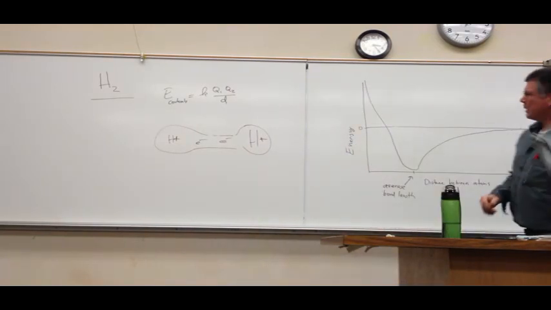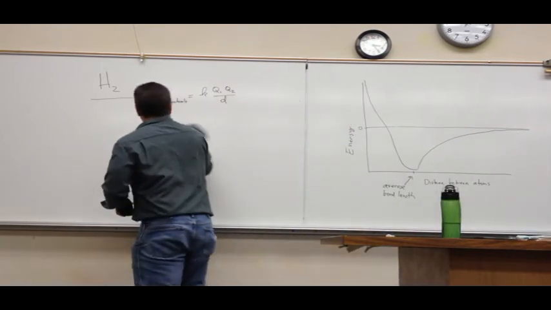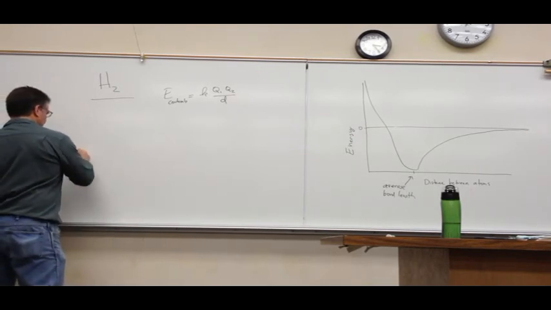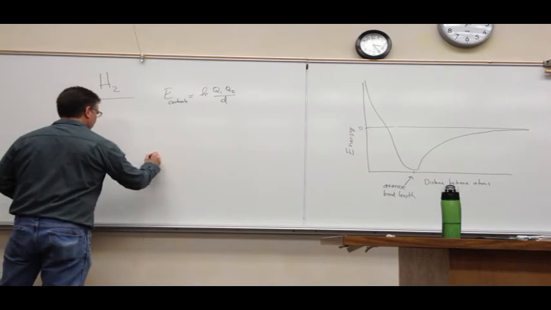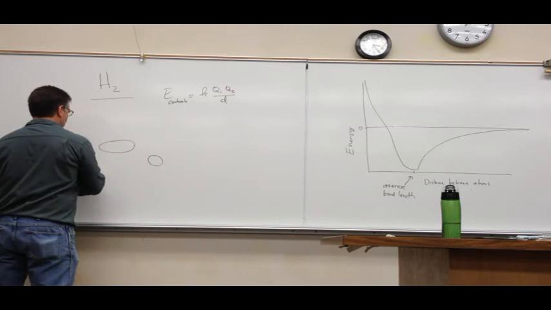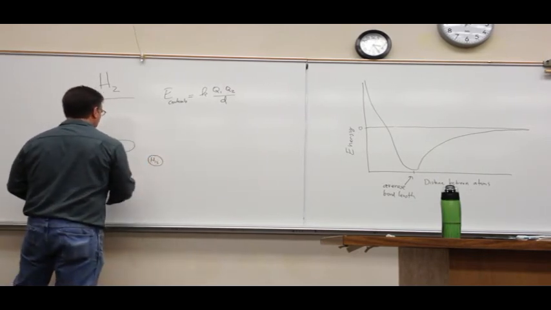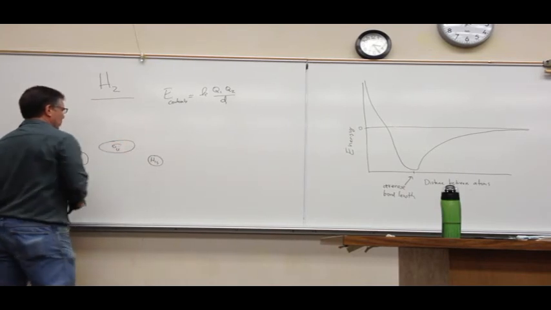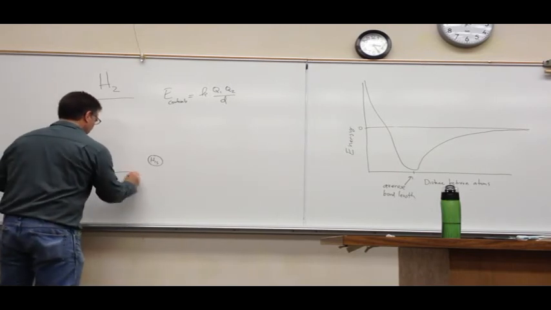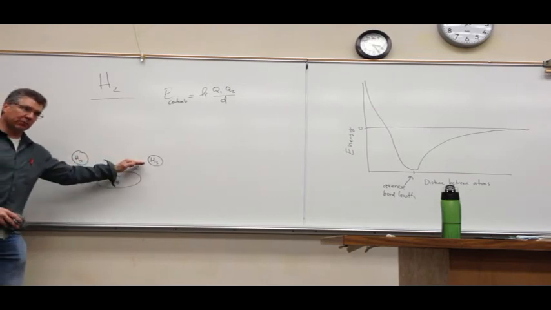We try to picture what's happening with the orbitals as this is going on. We take a hydrogen 1s orbital from each atom. That's what I'm trying to show here.